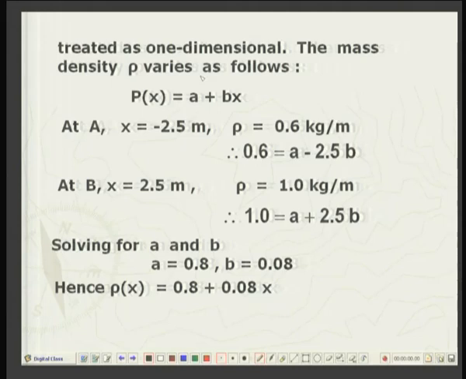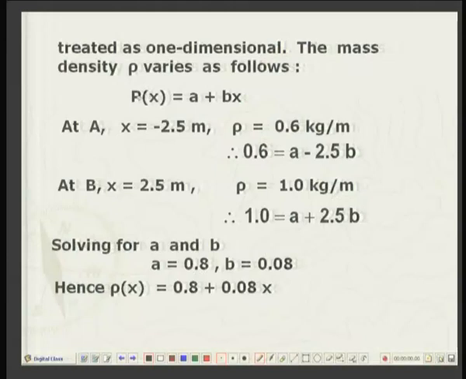Let us see, this density rho as a function of x is, because it is a linearly varying density, the simple equation a plus bx. So, rho as a function of x is a plus bx. At point A, which is corresponding to x is equal to minus 2.5 meters, rho is 0.6.